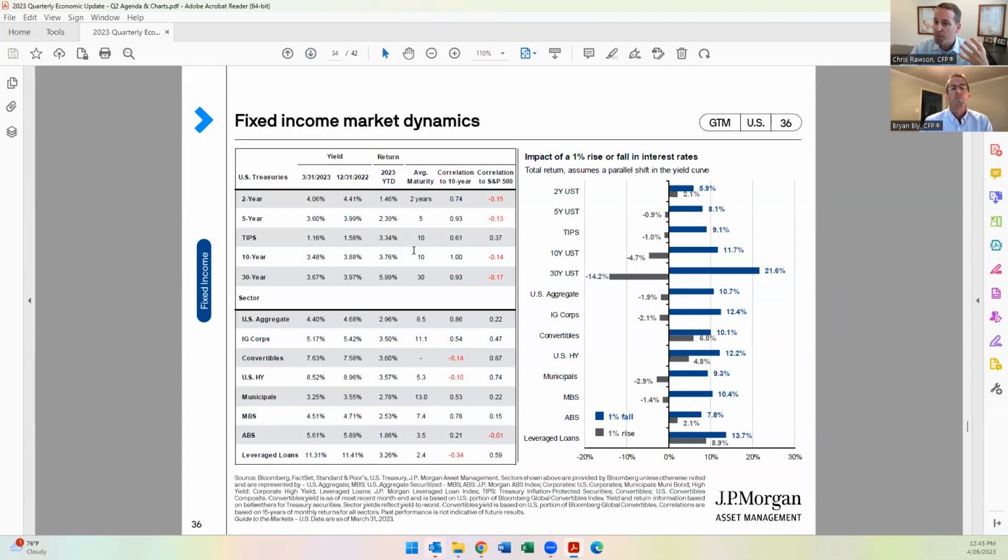Well, what happens when that happens? So, for example, this chart from JP Morgan shows when interest rates decline, if you imagine a seesaw and interest rates go down, bond values increase. So we see a number of positive metrics in terms of interest rate decline.